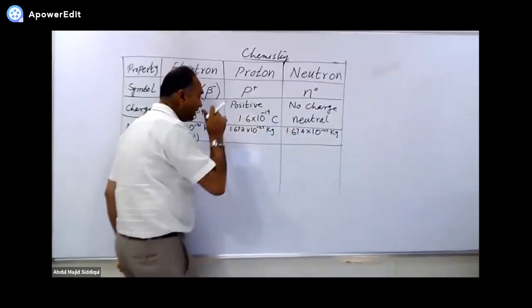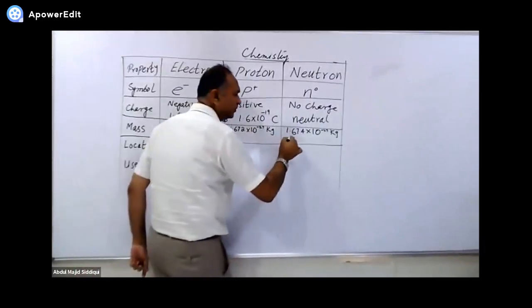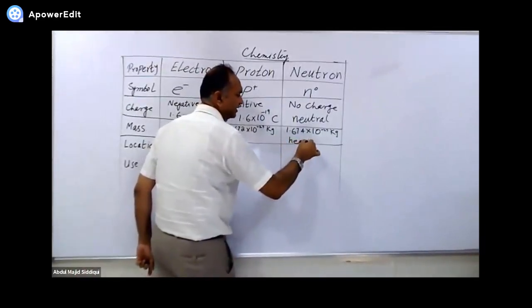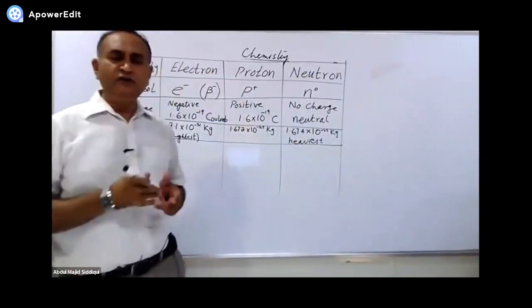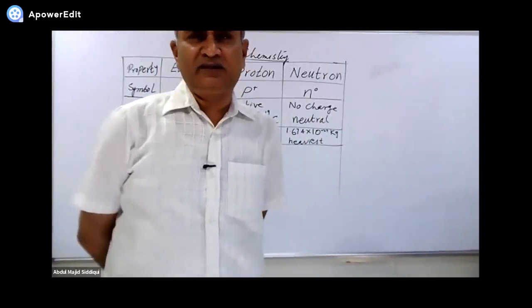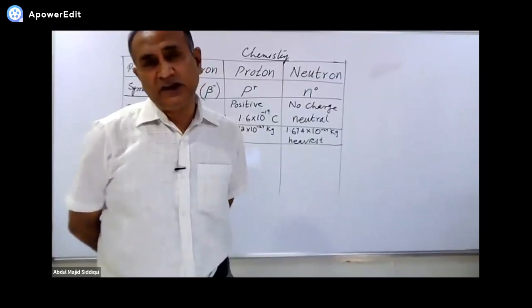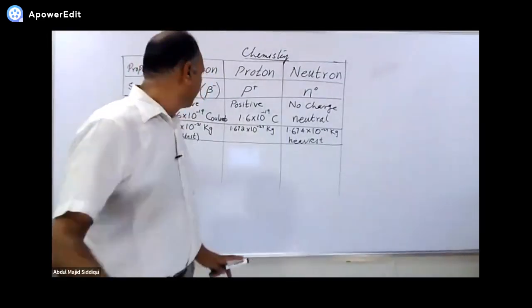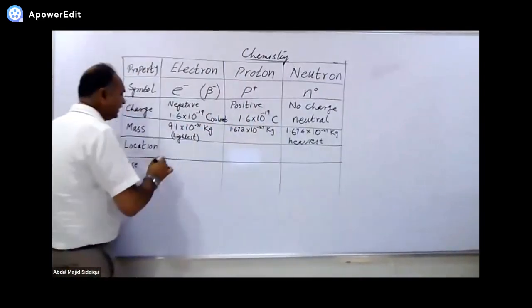Both of these are almost the same. So among these three, electron is the lightest and neutron is the heaviest. If you have a blank, which fundamental particle is the heaviest? Neutron. Which is the lightest one? Electron.